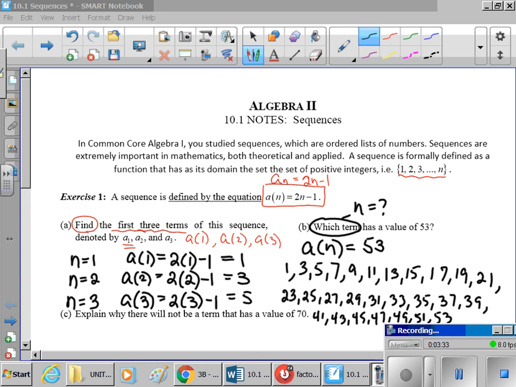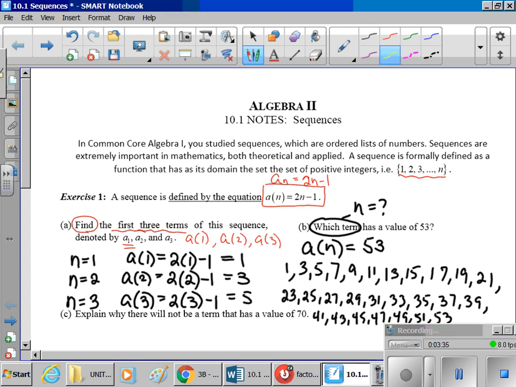You can count here and say 1, 2, 3, 4, 5, 6, and so on up to 27. So the answer is n is equal to 27: the 27th term is equal to 53. At least I'm pretty sure that's true. That's how you can do it at this point. There are going to be some shortcuts that we can take, and we'll talk about them as the lesson progresses.